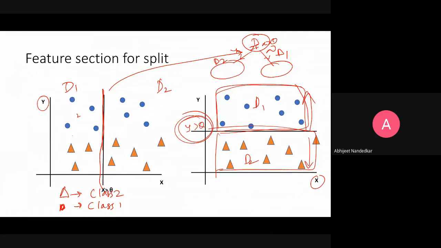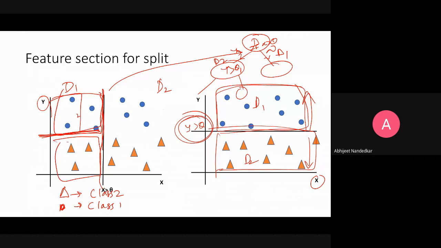Then you have to ask a question again based on Y, whether you are greater than this Y, and you will set a threshold, let us say theta 1 here. Then you get two groups, this one and this one.